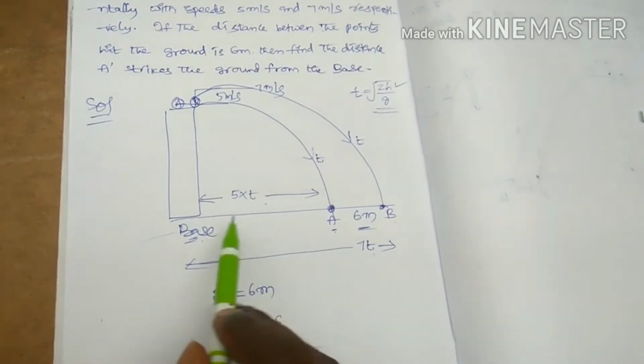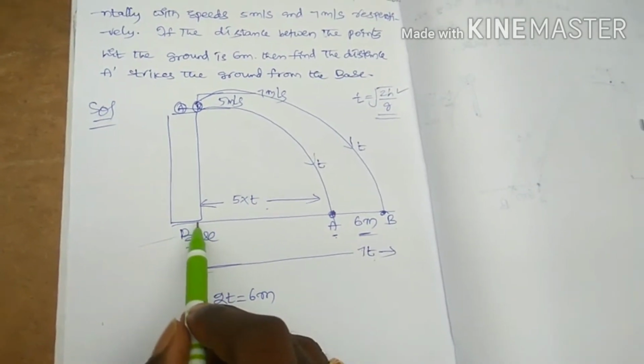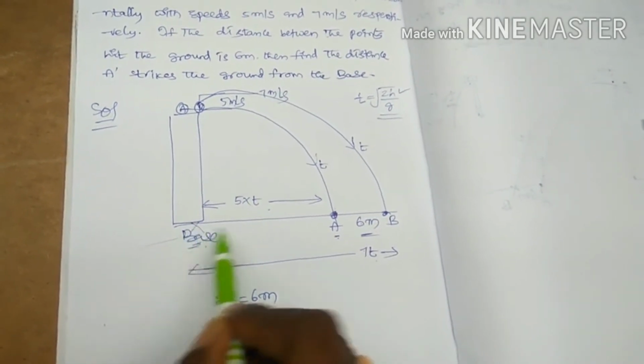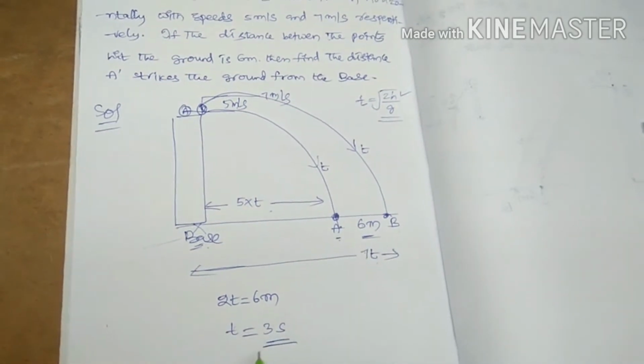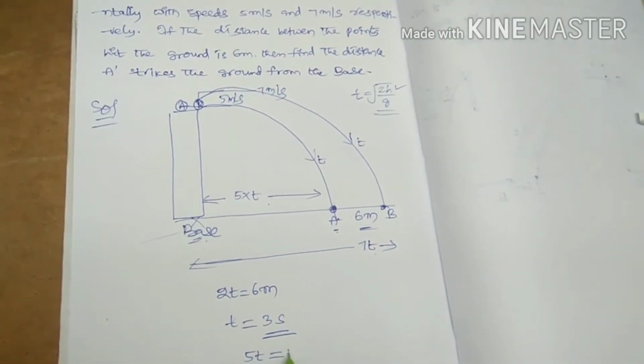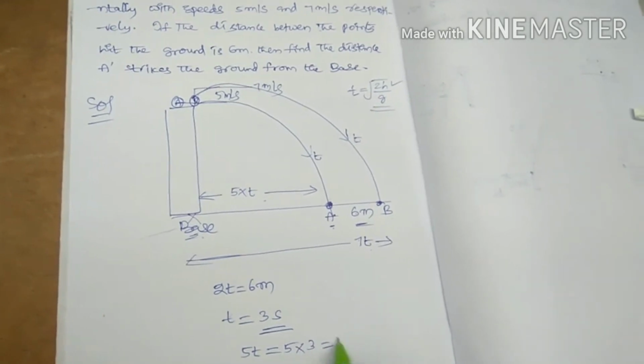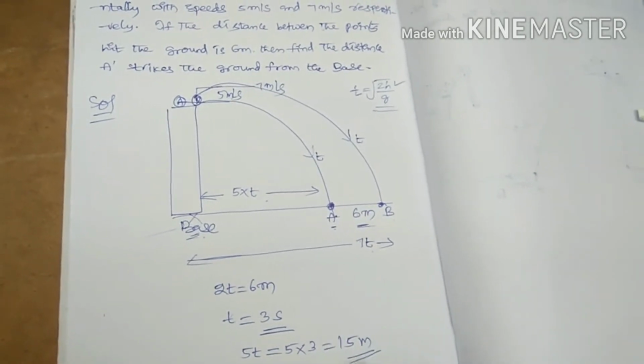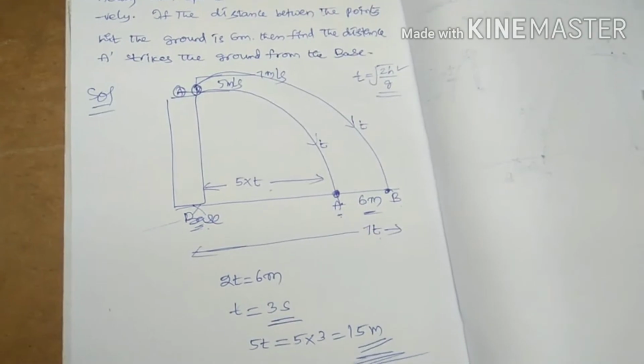Similarly, the distance between the base and the point where A strikes the ground is 5t, equal to 5 into 3, that is 15 meter. So this is the answer.